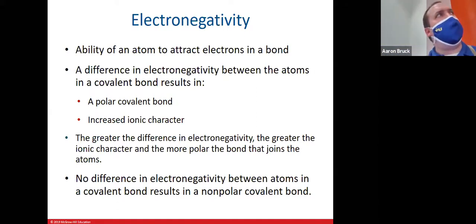And the consequences of that electronegativity difference are twofold. We can either get something called polarity, where we have a covalent bond that has a slightly negative side and a slightly positive side, or the electronegativity difference is so great that we actually see a complete transfer of electrons and we get an ionic bond instead.